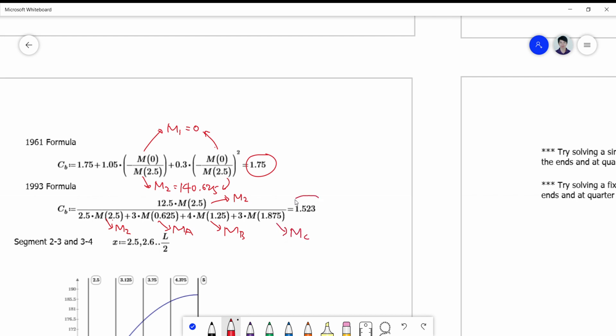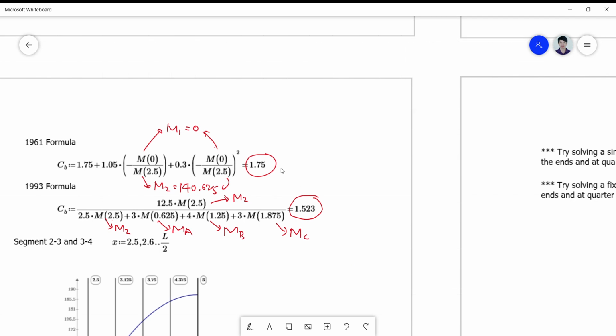So I get 1.523. Okay, so that's how these two values were obtained.